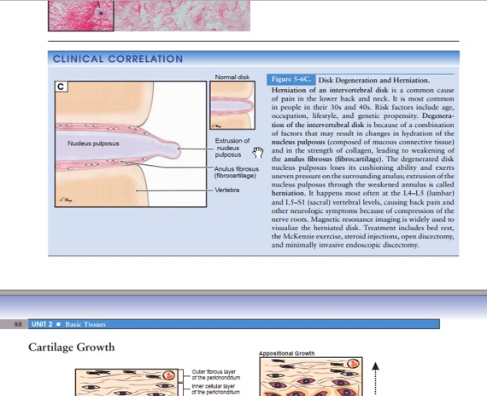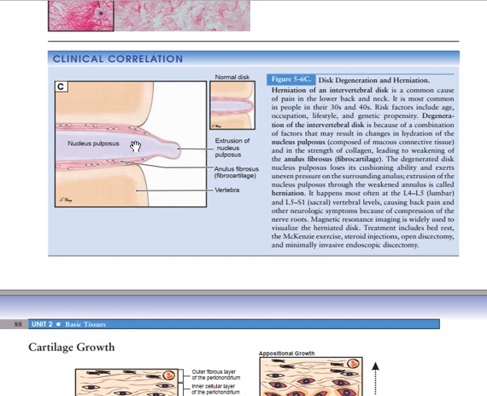So it may cause disc herniation as a protrusion of the nucleus pulposus through the annulus fibrosus. This is a diagram of how it is represented. The nucleus pulposus is going to protrude through the annulus fibrosus.